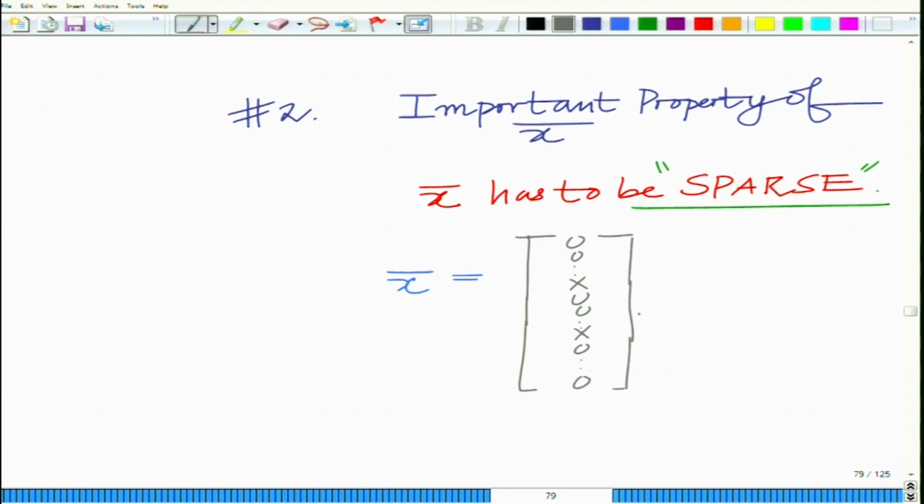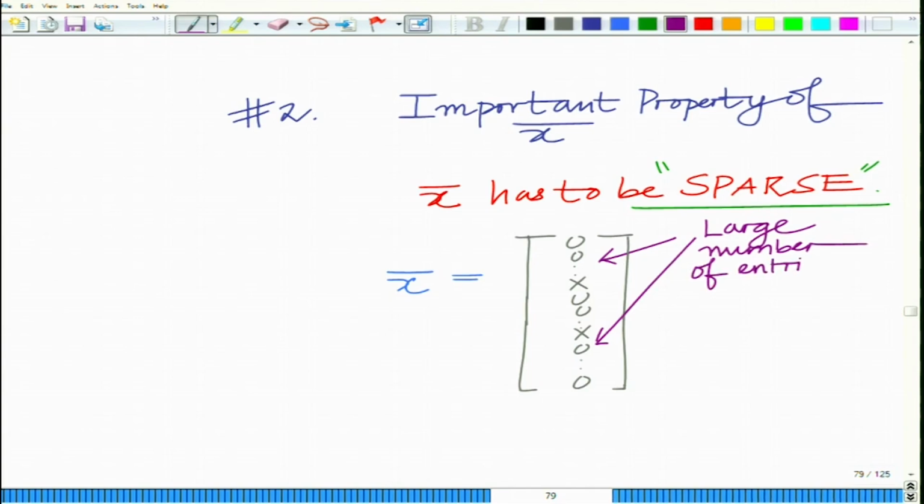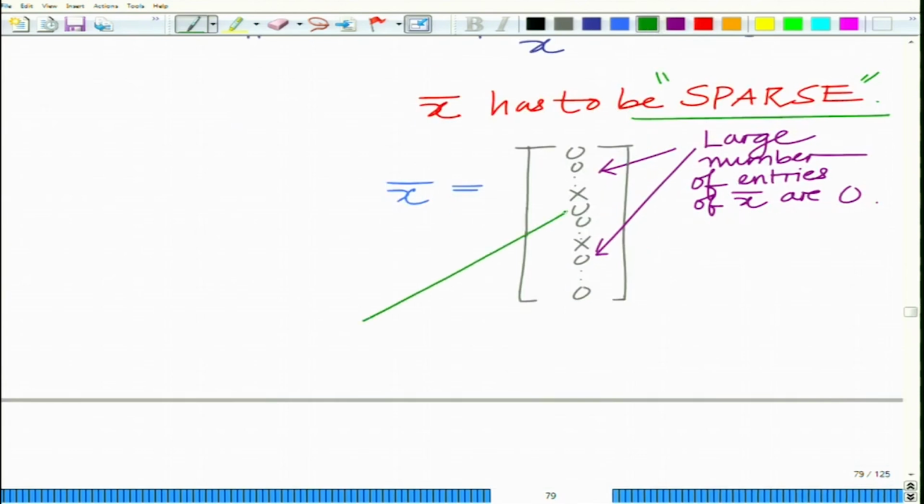So, basically what this implies is that sparse implies a large number of entries are 0, only very few entries, which I am marking by these x's, for instance, are non-zero.